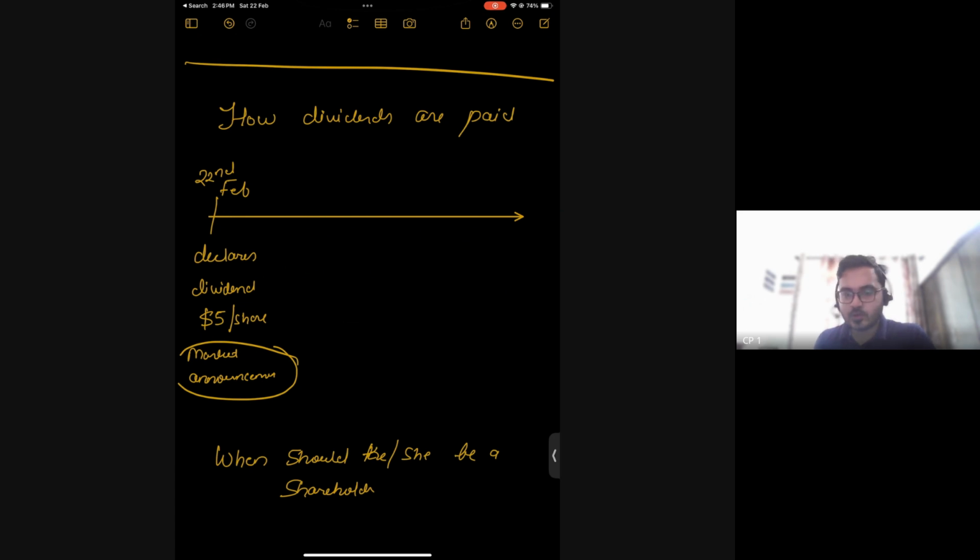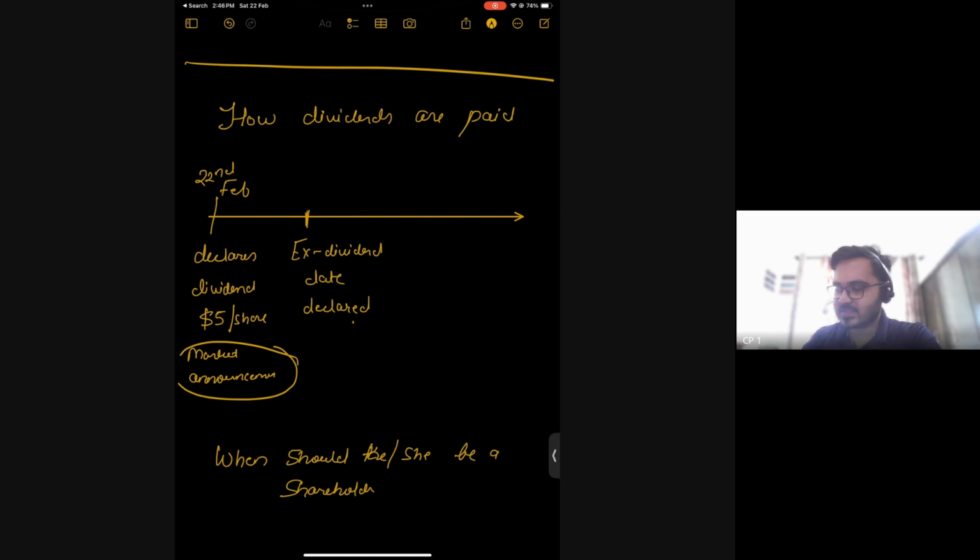That's why what you end up doing in this kind of situation is you put an ex dividend date. So on 22nd February, when you're declaring the dividend, you also declare an ex dividend date.